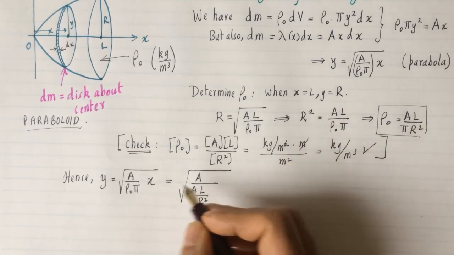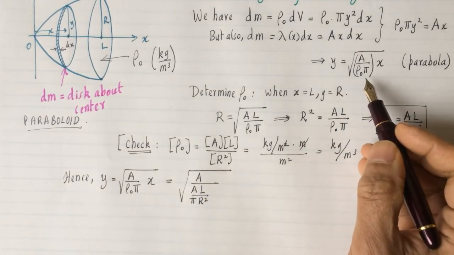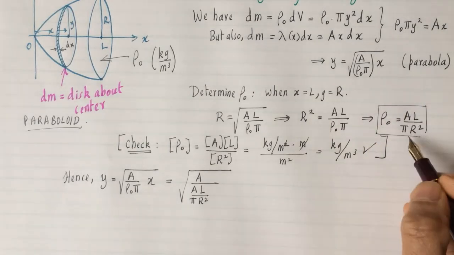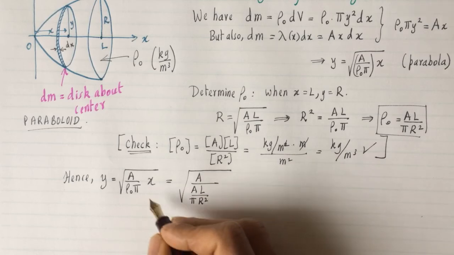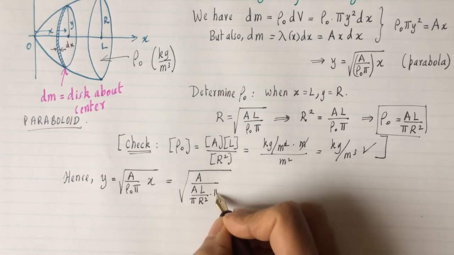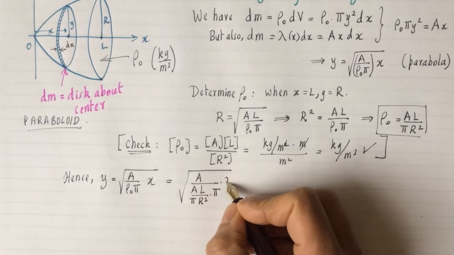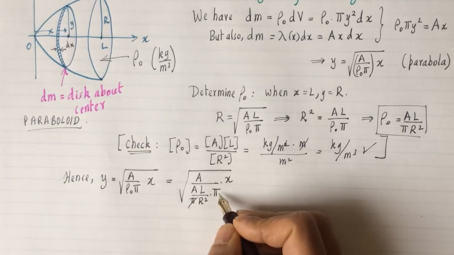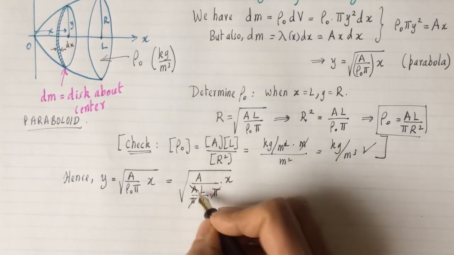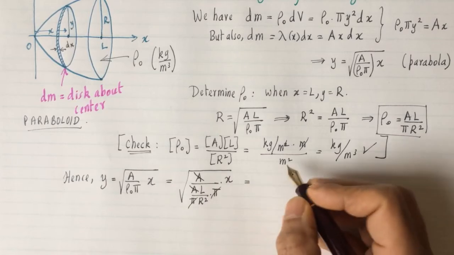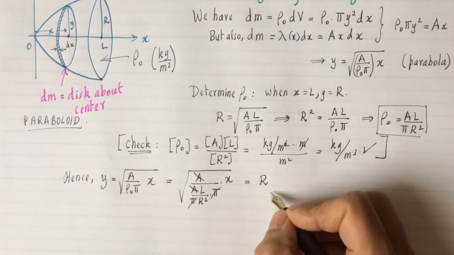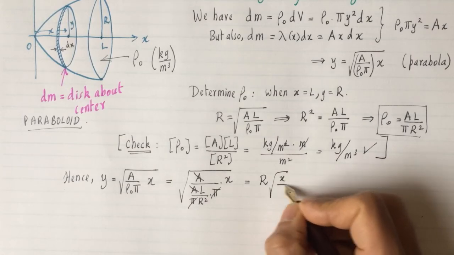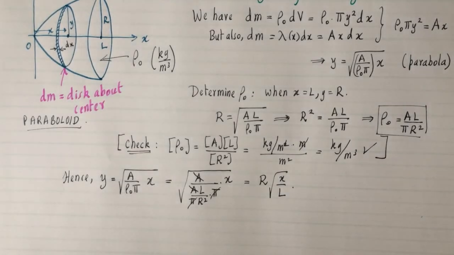Rho naught is all of that, and then there's also a pi, and then there's an x. So the pi's cancel out, A cancels out, and then I have R that comes out of the square root of x over L. So that's looking really nice.